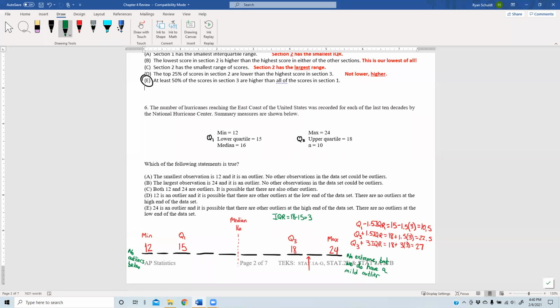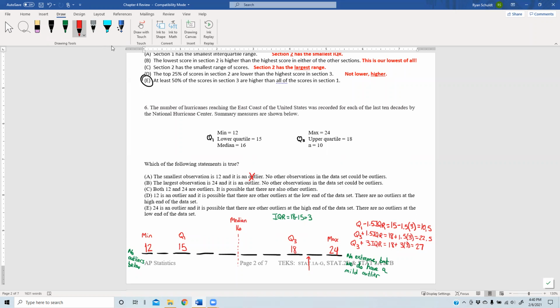Okay, now let's look at our answer choices. A, the smallest observation is 12, and it is an outlier. No, 12 is not an outlier. B, the largest observation is 24, and it is an outlier. Maybe. Or yes, it is. Sorry. Yes, it is. 24 is greater than 22.5, so yes, it is an outlier.